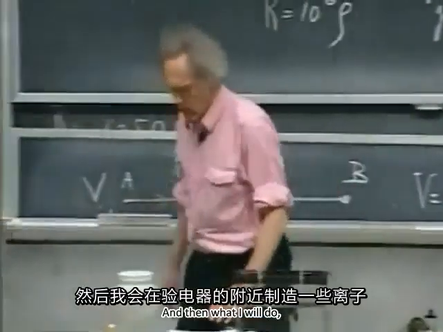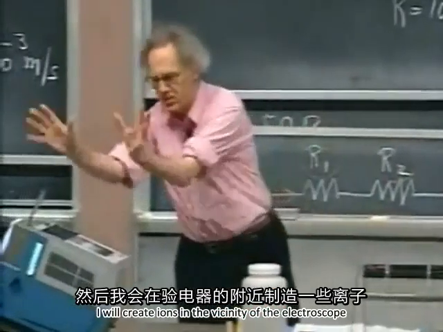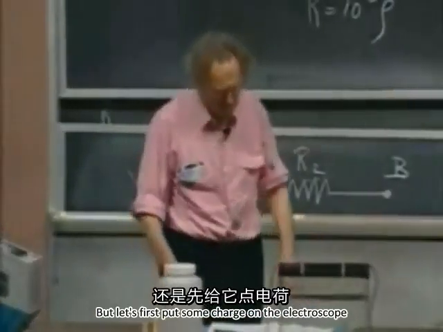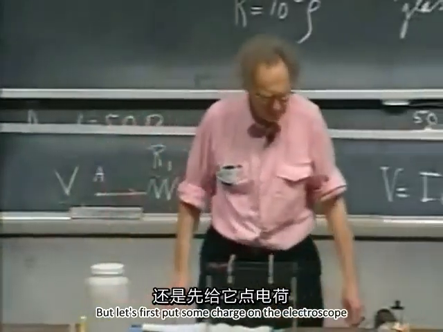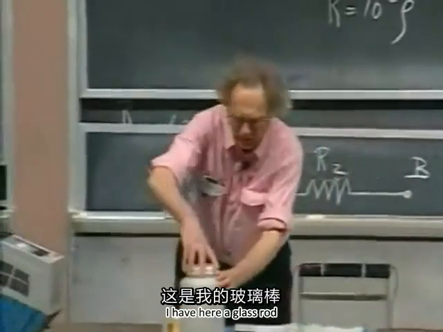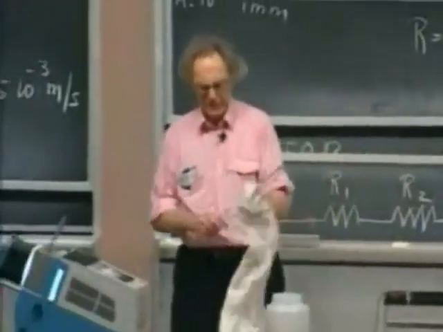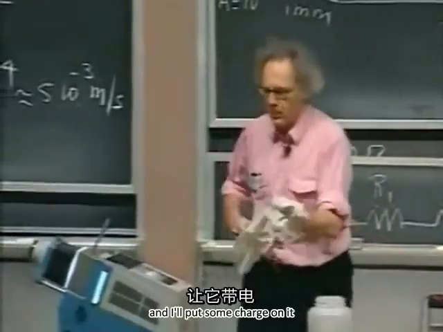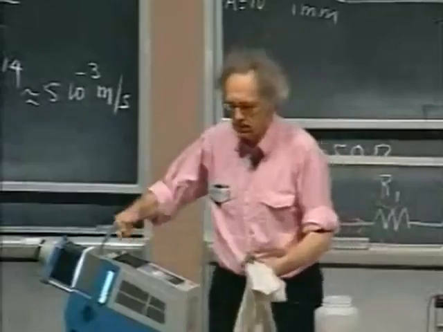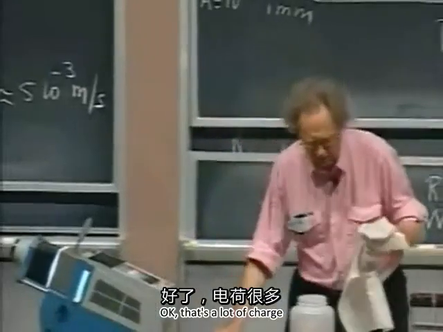And then what I will do, I will create ions in the vicinity of the electroscope. So let's first put some charge on the electroscope. I have here a glass rod, and I'll put some charge on it. Okay, that's a lot of charge.